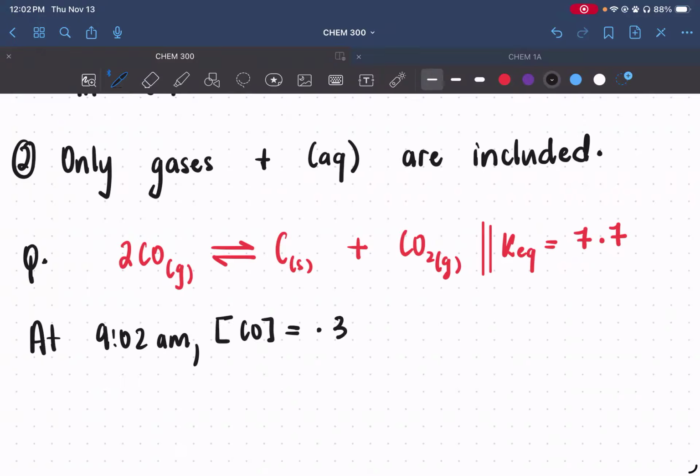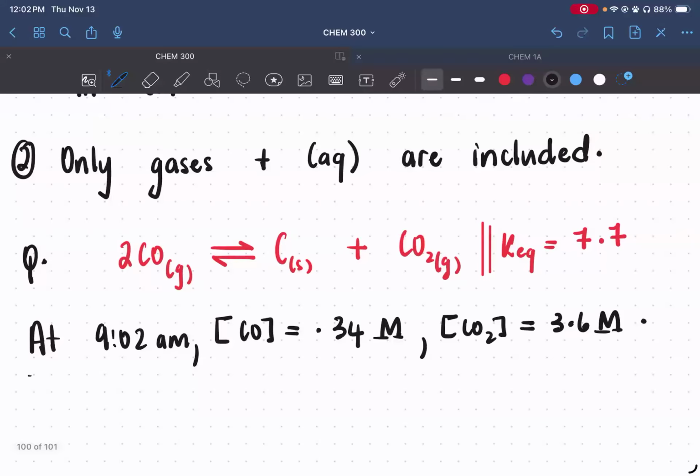CO is 0.34 molar. CO2 is 3.6 molar. Is the reaction at equilibrium?